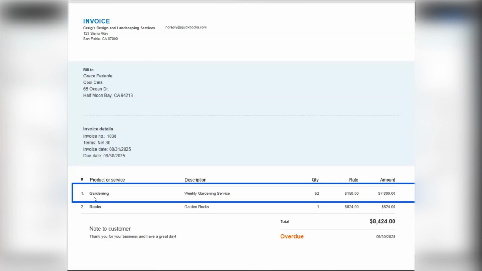So that is why we did a journal entry, to reduce the income and to increase the liability. Because if they've paid us and we have not provided the service yet, then it's a liability. If for some reason we cannot deliver that service, we owe them their money back. So that is why we did the deferred revenue entry.